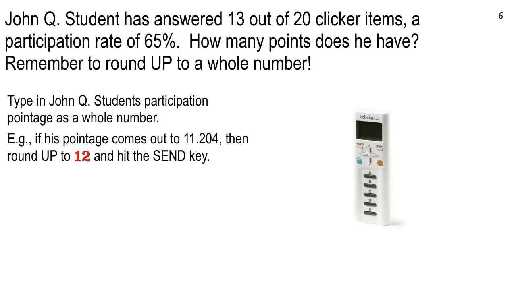So if you have 12.00007, it's not a math problem, it's a grading problem. In the math department, 12.0007 would round off to 12. But in this class, 12.0007 goes to 13. That's my way of giving you the benefit of a round up.